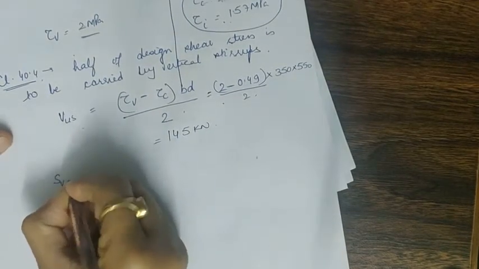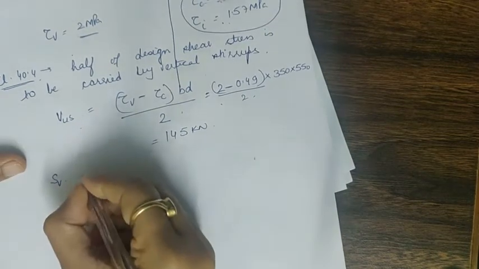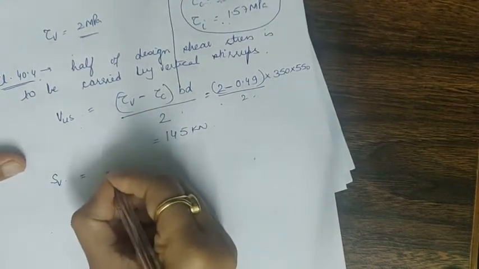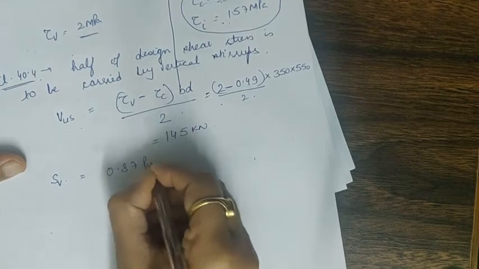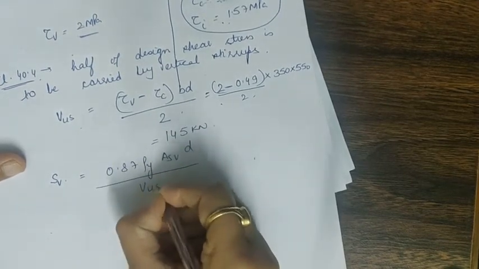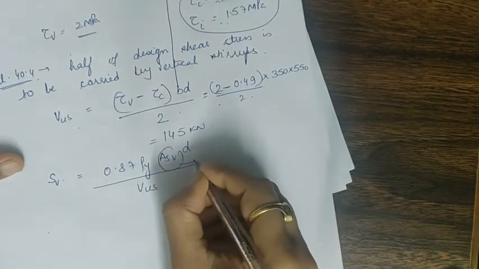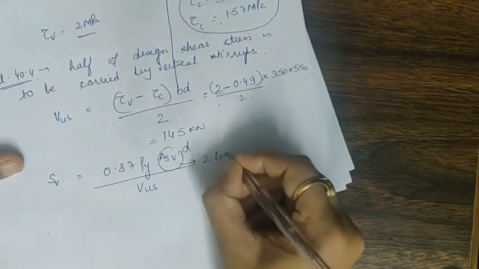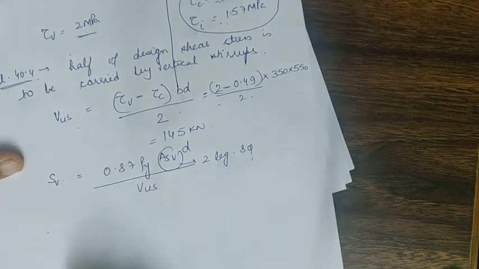And the formula for shear reinforcement spacing is 0.87 Fy ASV D upon VUS. Let us say I am going in for 2-legged 8 dia stirrups.